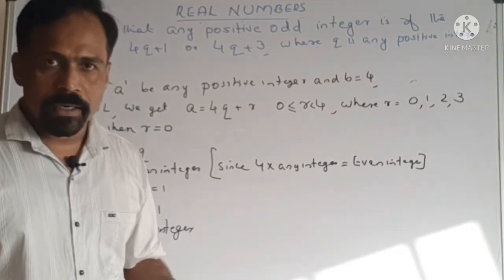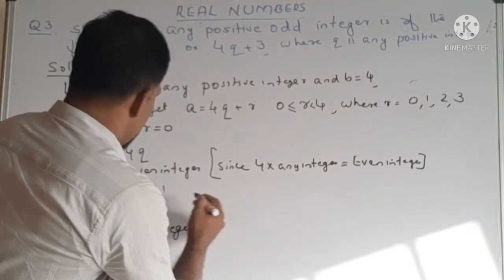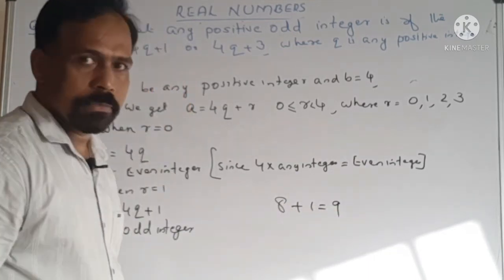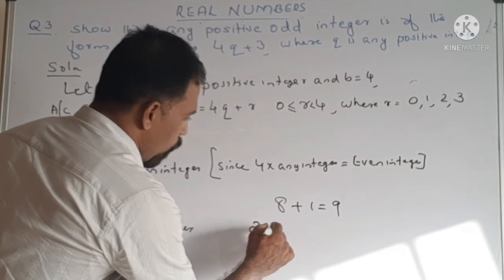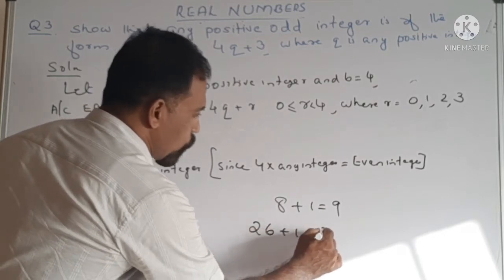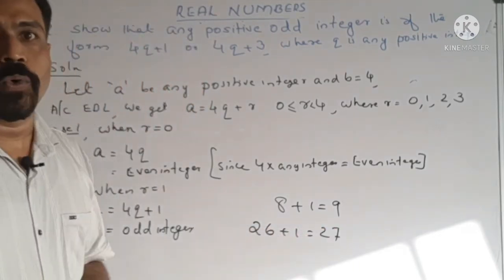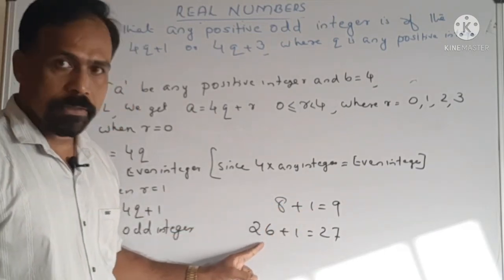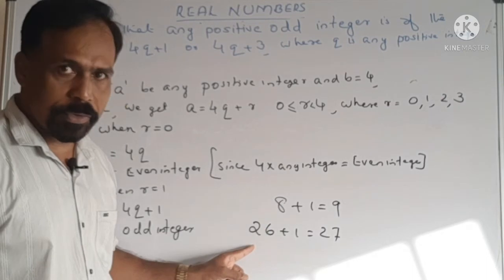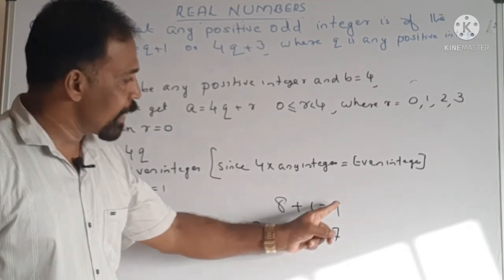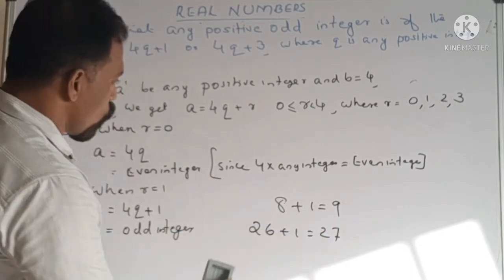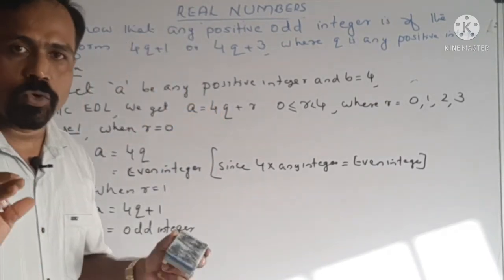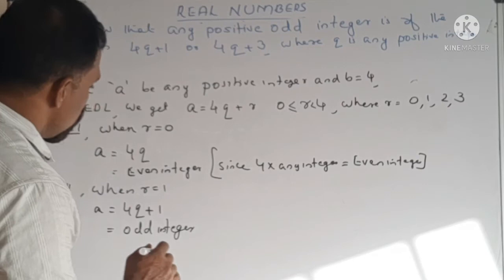For example, let the even integer be 8. 8 plus 1, you will get 9. Take 26 plus 1, you will get 27. So addition of 1 to any even integer gives an odd integer.